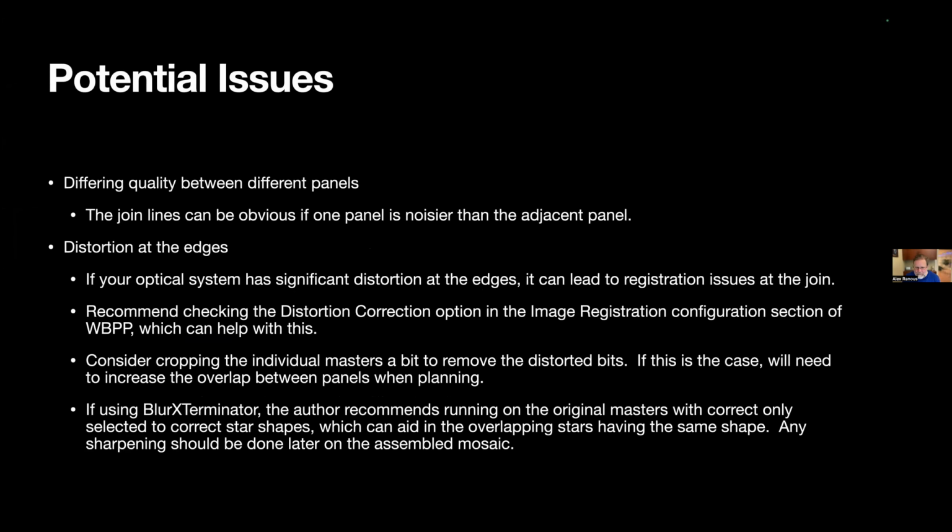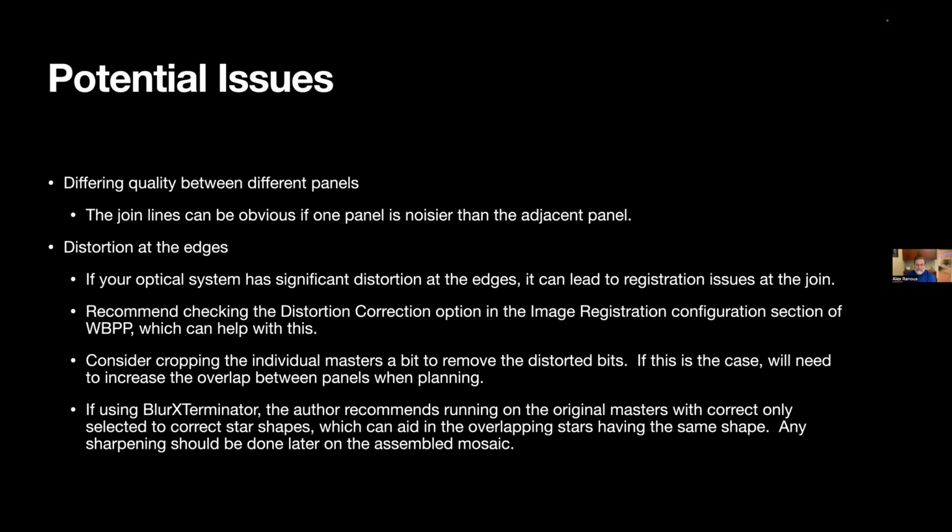Let's see. The other thing you may do, if you have really crappy data along the edges, is crop your masters a little bit before you drop them into mosaic by coordinates. So let's say you have really ugly corner stars, crop 10% off the image beforehand.